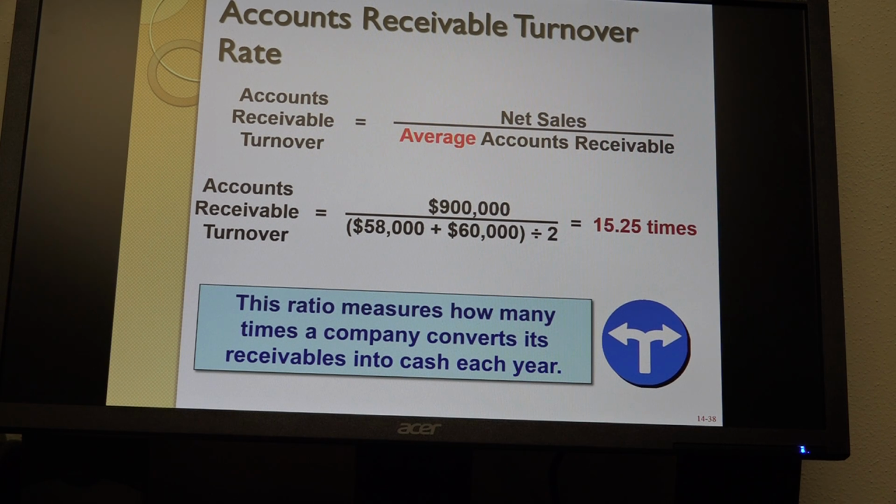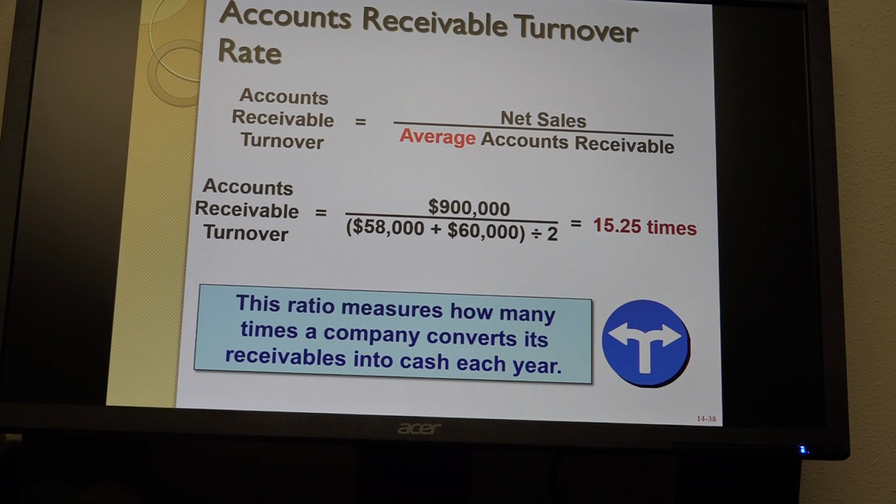And again, you want a higher number here. You want to turn over your accounts receivables more times in the year. What does the 15.25 times mean? It means that they collected their receivables 15 1/4 times during the year.